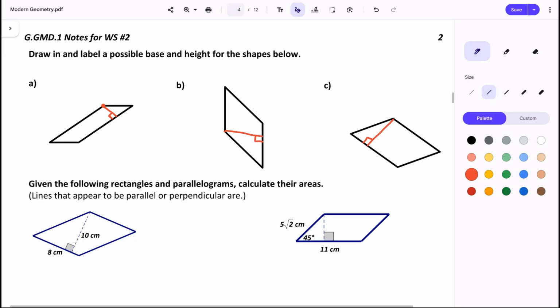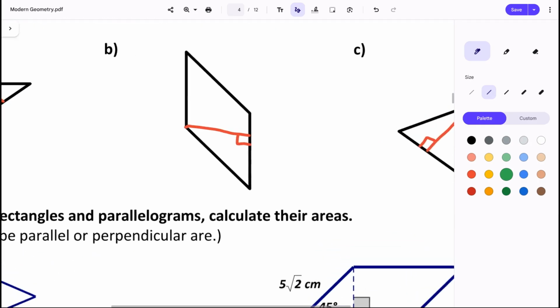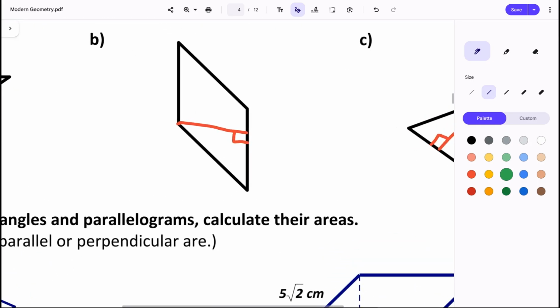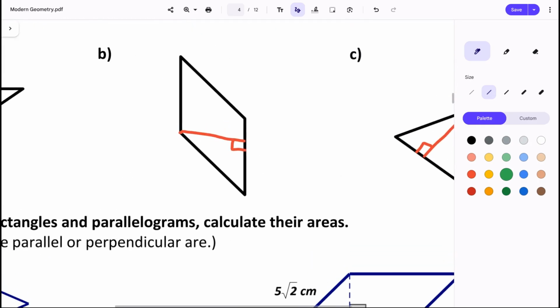So when you're looking at a parallelogram, be really careful because I just want to show you, on this middle one, sometimes they'll draw a height like this. So they could call this your height and this is still your height here. But when they do it on the outside like that, notice how I use those dotted lines?